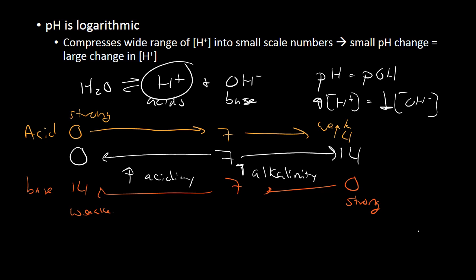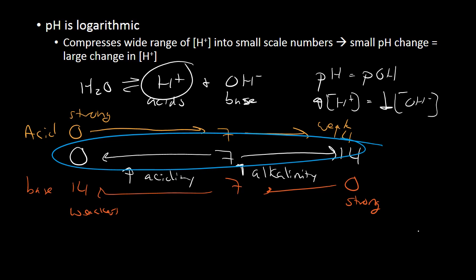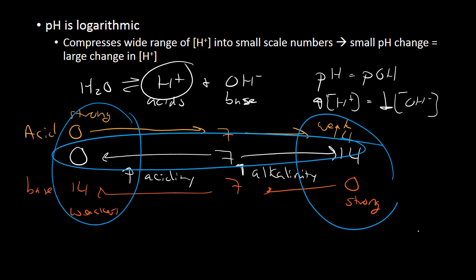So it makes sense that we can use just one scale to represent both of them, because if you look, the strong acid side is the weak base side. And if you look at the other end of the scale, when your acids are weakest, your bases are strongest, so you can blend it all into a 0 to 14 scale with acids on one end and bases on the other.